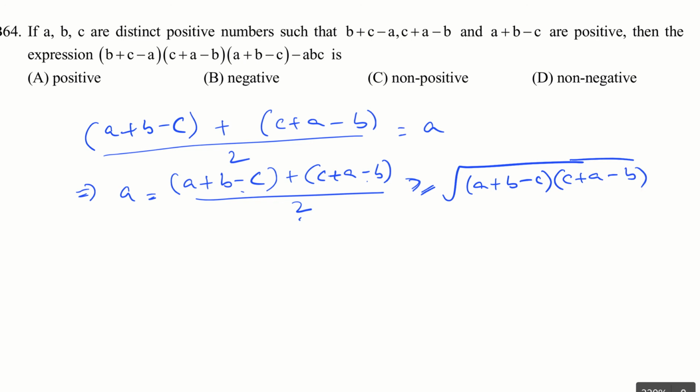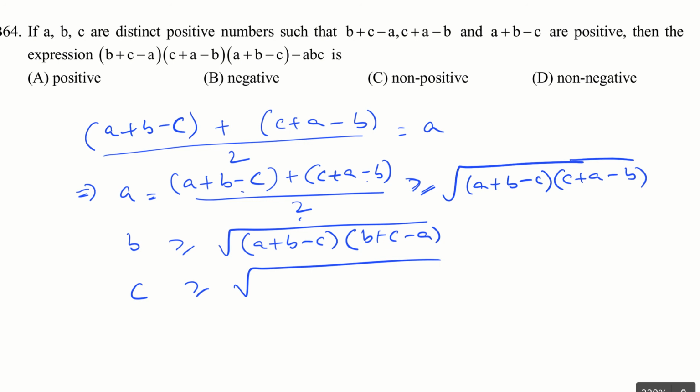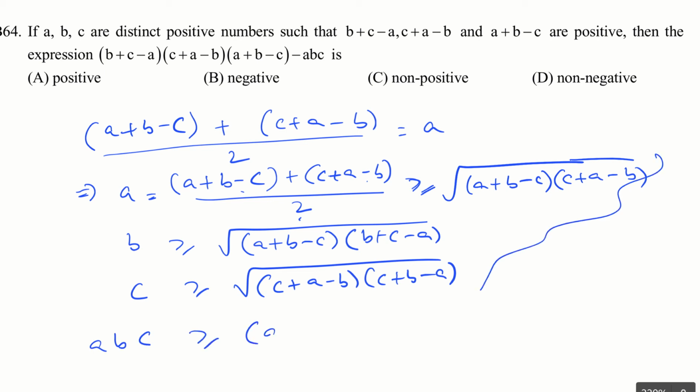Similarly, if I write for b and c, I have b is greater than or equal to root of (a+b-c)(b+c-a), and c is greater than or equal to root of (c+a-b)(c+b-a). And so taking the product of all these three, abc is greater than or equal to (a+b-c)(b+c-a)(c+a-b).